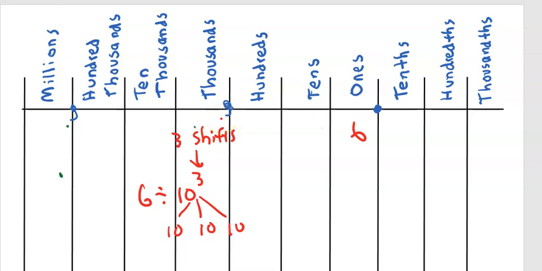Now this is only when we are multiplying and dividing by 10 with exponents, 10 to the power of 1, 10 to the power of 2, etc. Okay, it's not like if you have 6 divided by 3 to the power of 2. You can't just say, oh, it shifts, because our place value chart is only for 10.